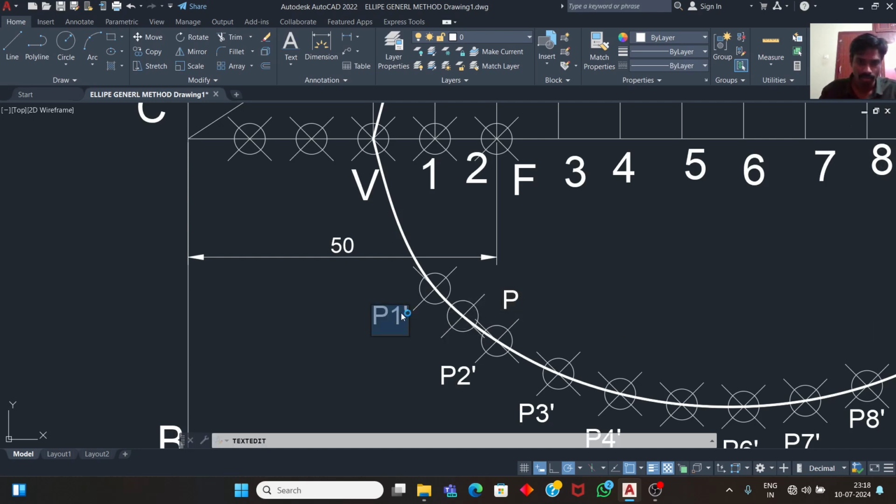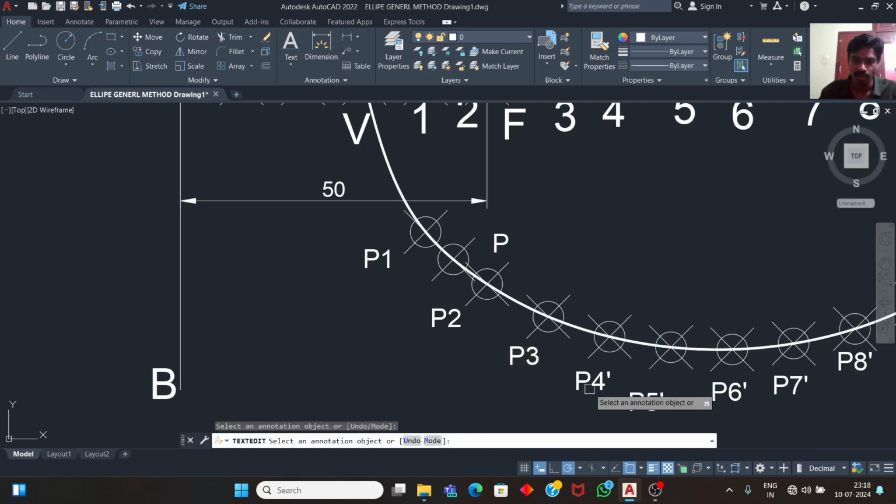So remove these dashes. I forgot to remove the dashes on these points. Only P3 we have: P1, P2, P3. The notation will be without a dash below the axis line.